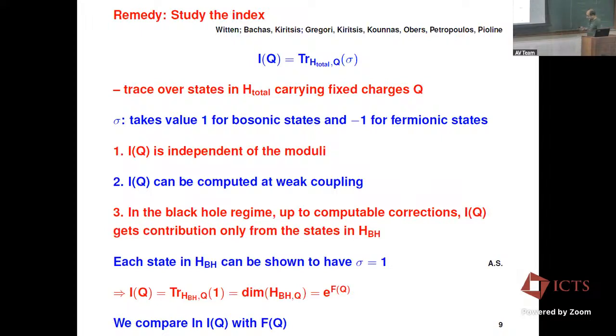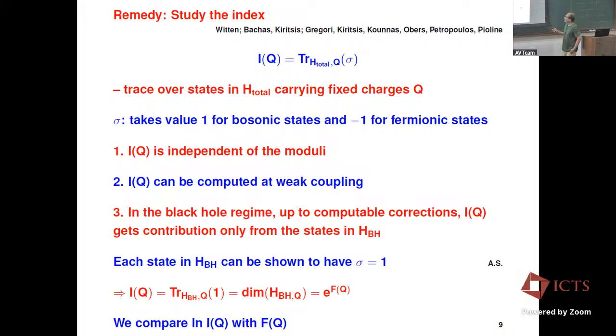So the remedy turns out to be to study what is called the index. I have denoted the index here, so let me explain this. The definition of the index doesn't require splitting the Hilbert space. We now take the trace over the total Hilbert space, where there is of course no confusion. You don't care about what is black hole, what is the environment.